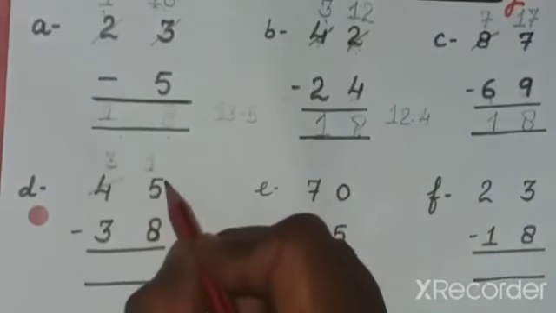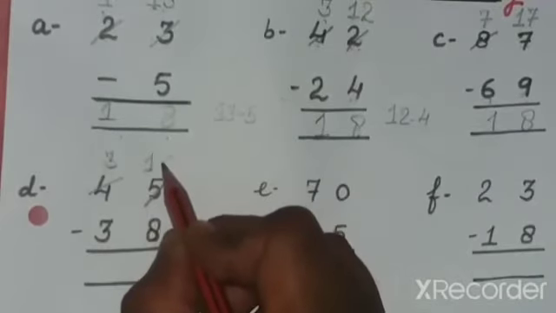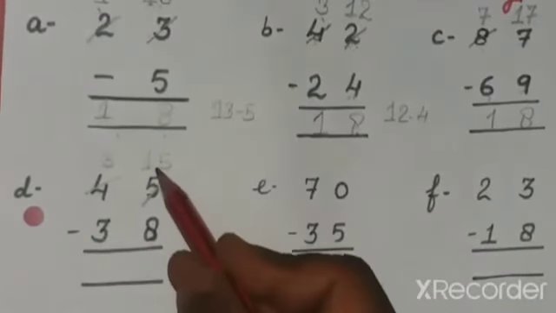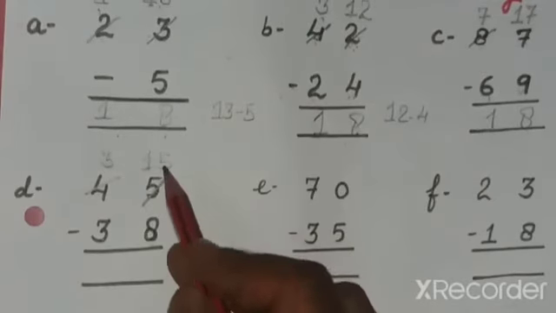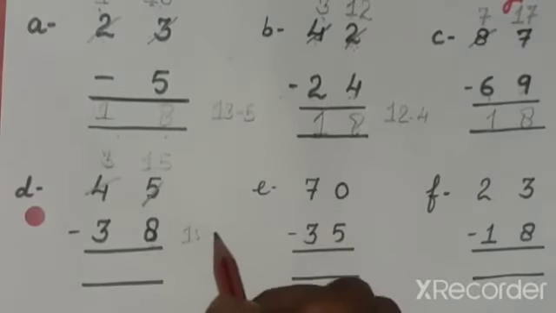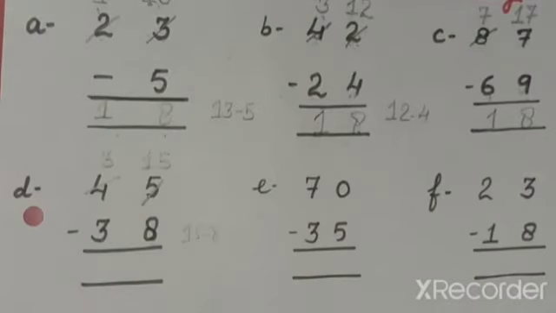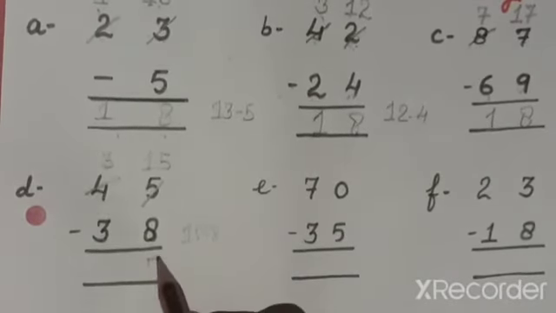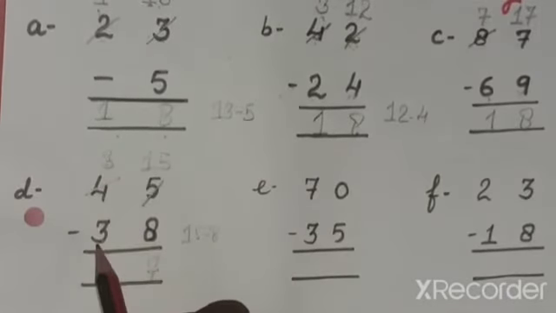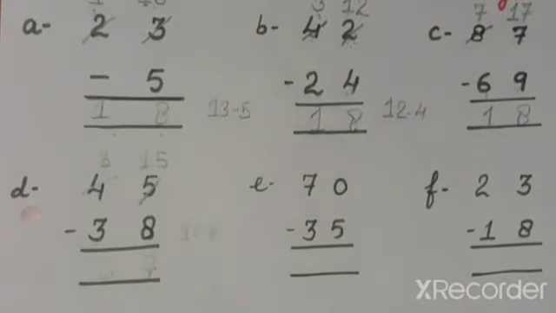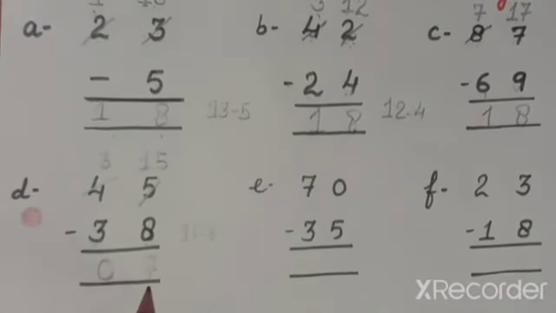Now it is 15. Let's do the calculation. 15 minus 8 is equal to 7, and 3 minus 3 is equal to 0. So 45 minus 38 is equal to 7.